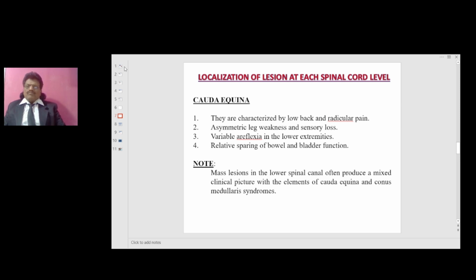They are characterized by low back and radicular pain, asymmetric leg weakness and sensory loss, variable areflexia in the lower extremities and relative sparing of bowel and bladder function. Note: mass lesions in the lower spinal canal often produce a mixed clinical picture with elements of cauda equina and conus medullaris syndrome.